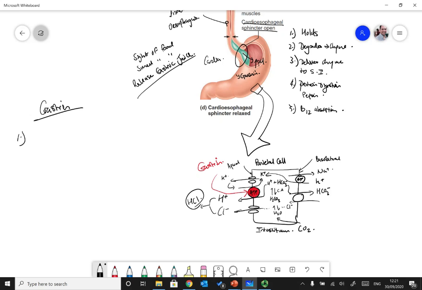Point one, in the mechanisms that we just discussed, it stimulates the release of hydrochloric acid from the parietal cells. What does that do? That causes the conversion of pepsinogen to pepsin. And it's pepsin that starts the process of protein digestion.